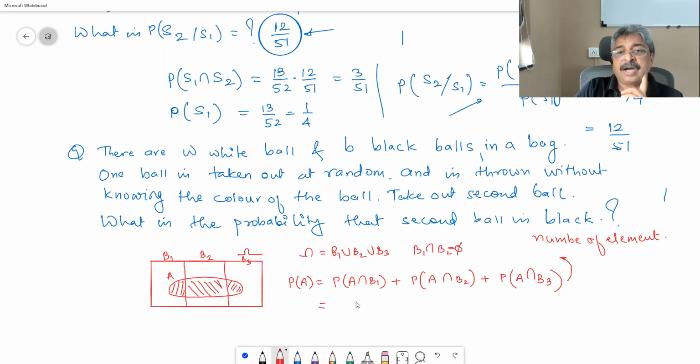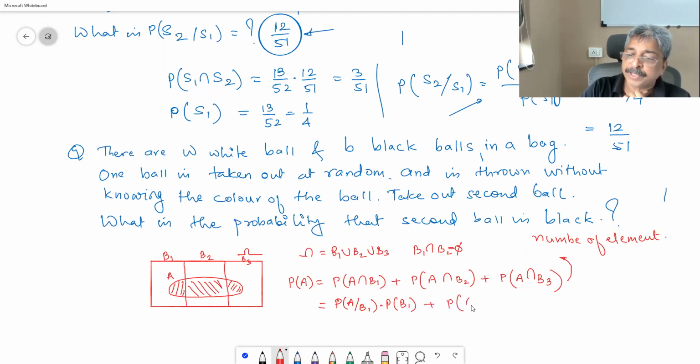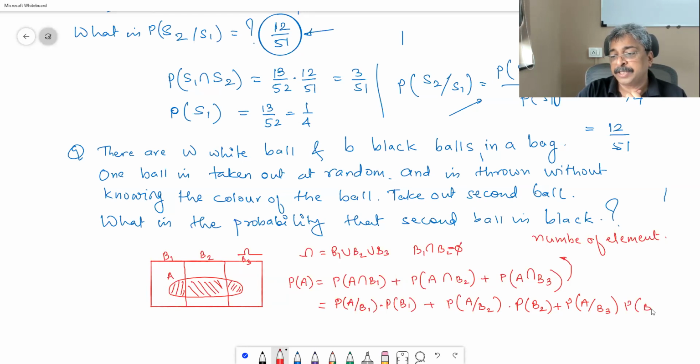And now we have learned how to write probability of A intersection B1 in terms of conditional probability: probability of A given B1 into probability of B1, plus probability of A given B2 into probability of B2, plus probability of A given B3 into probability of B3.